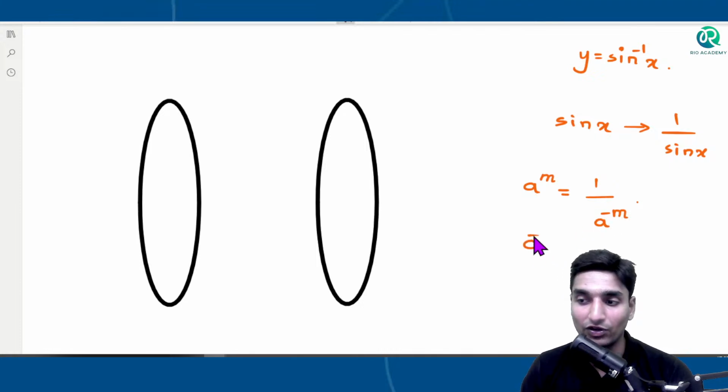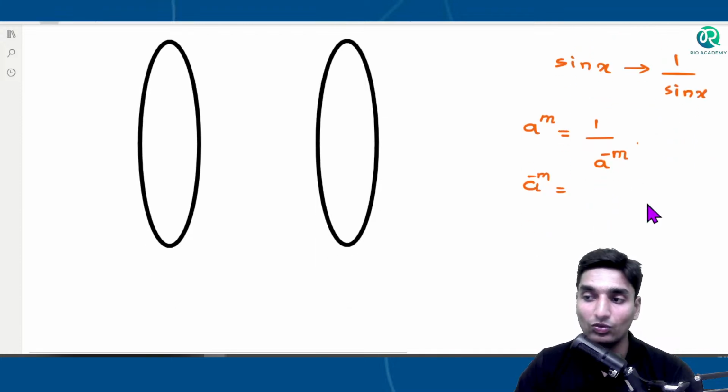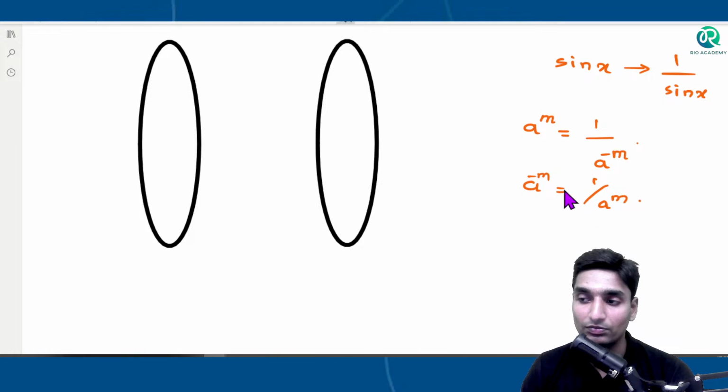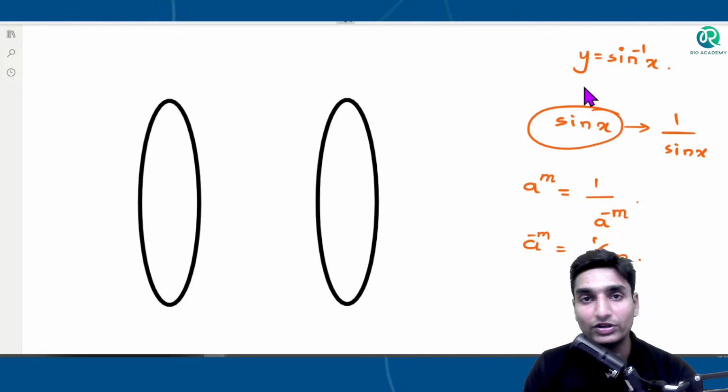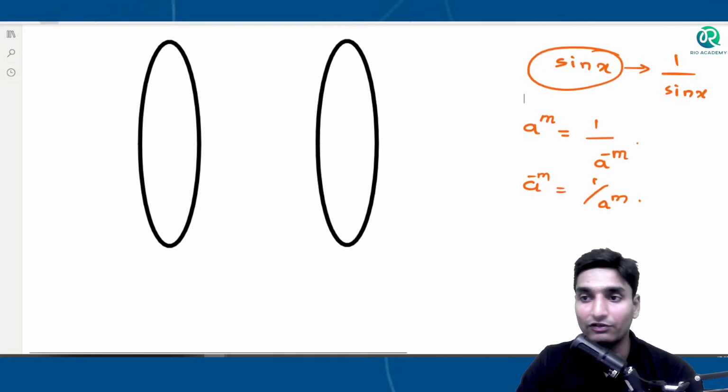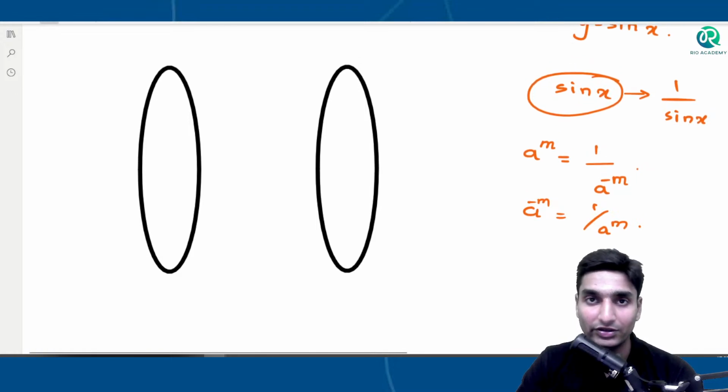In the same way, if you take out a to the power of negative m, then it will be equal to 1 divided by a to the power of positive m. Correct? This is it. But basically here I am not saying sin x is equal to 1 upon sin x. That is not the right thing here. It is just to help you understand. Inverse means we basically take out the reciprocal, the reverse of that format. Okay, just for your understanding.